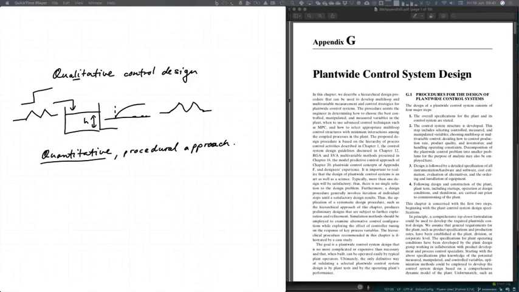The quantitative version of this, of course, is something like, well, here, step 1, do the Laplace of U, right? Step 2, find the Laplace of G, right? Step 3, Y is equal to G times U. Step 4, find the inverse Laplace of Y of S. And so this is the procedural approach to doing that same thing.